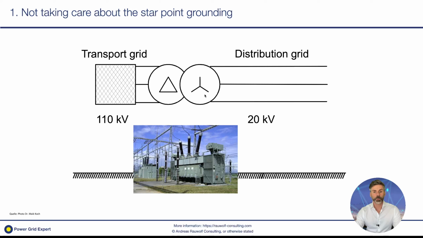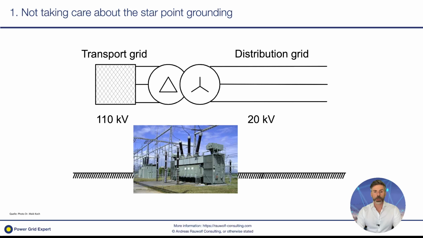What we're talking about is the star point grounding, in this case in the distribution grid. So we talk about the star point on the secondary side of the high voltage transformer. An example is given here. So you better check your star point grounding in your network. Is it low ohmic?